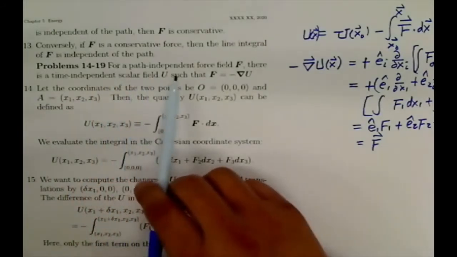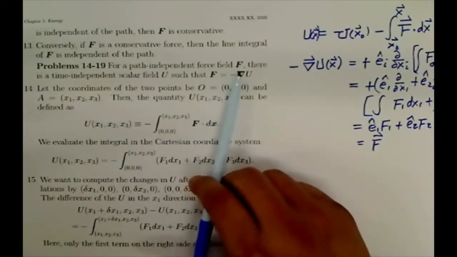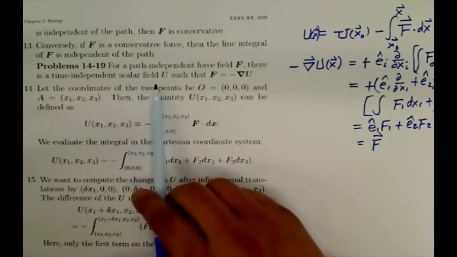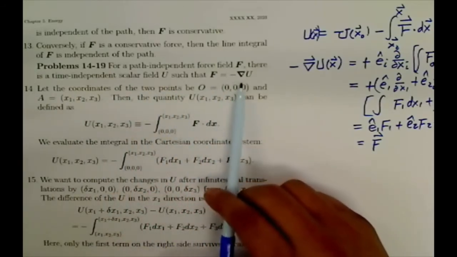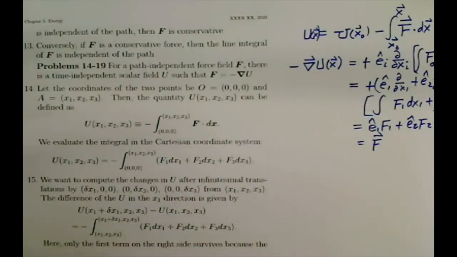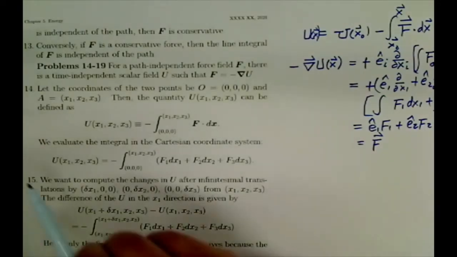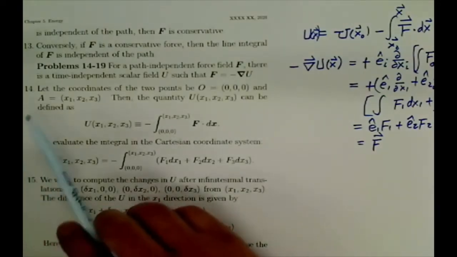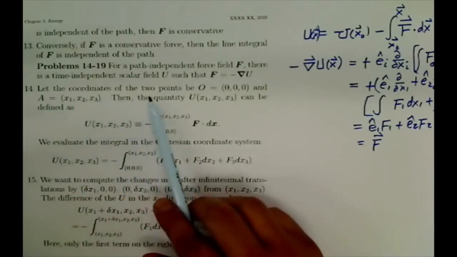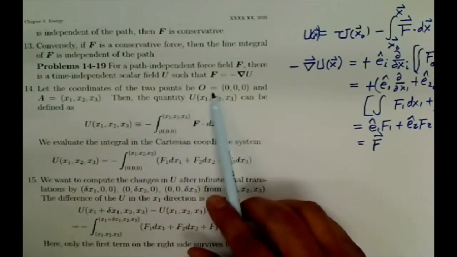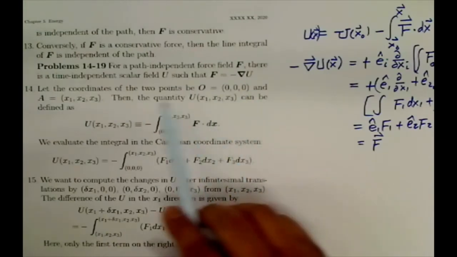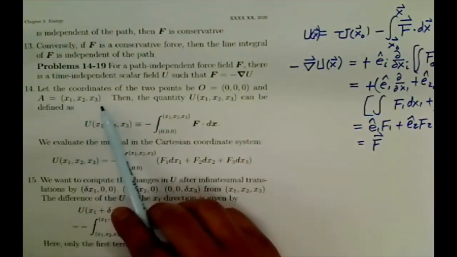For a path-independent force field F, there is a time-independent scalar field U such that F equals minus the gradient of U. So let us evaluate the integral explicitly. Let the coordinates of the 2 points be, origin is 0, 0, 0, and A is x1, x2, x3.